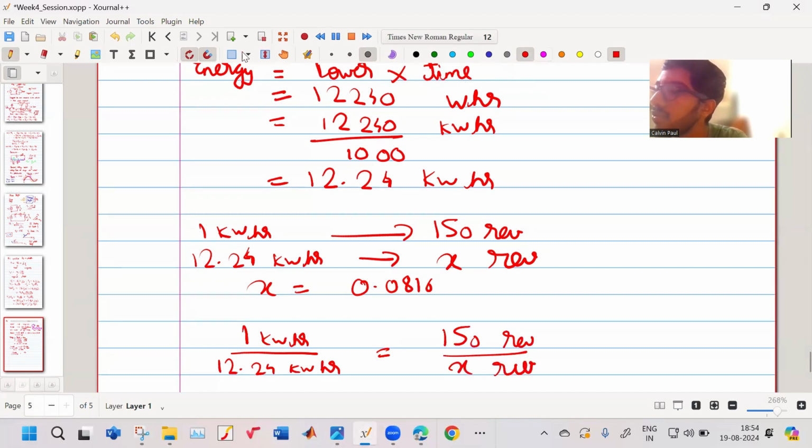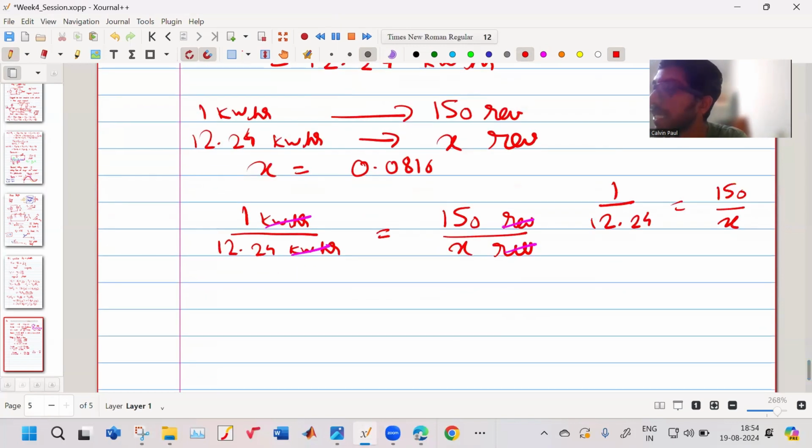Okay. So revolution gets cut. This also gets cut. So you effectively get your 1 by 12.24 is equal to your 150 by X. So your X actually is equal to 150 into 12.24. Okay. So now can you calculate and tell me what is your value of X?